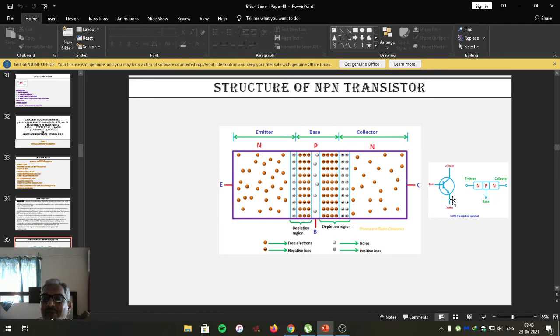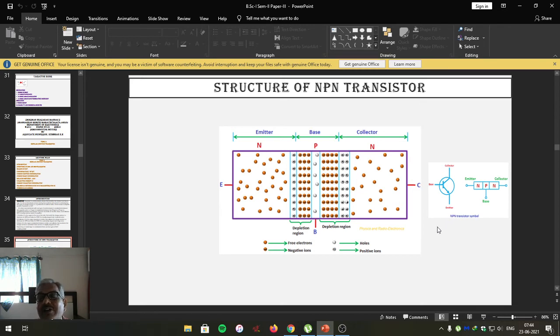That is a convention. But the charge carrier will move opposite to this, that is from emitter to base. Motion of electrons will be from emitter to base, whereas the flow of current is from base to emitter. So this is the symbolic representation of the NPN transistor.